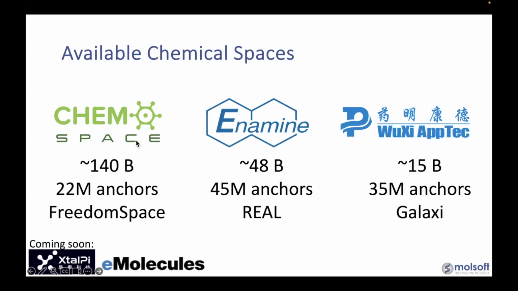So you dock the anchors and then you use Ginger to generate the rest of the space. Enamine's is 48 billion and Wuxi's is 15 billion with 35 million anchors, the Wuxi Galaxy database. We're also working with Crystal Pi, a very innovative company. We hopefully will have that database available soon. And we've been working for a while with eMolecules, and they have a particularly larger space of around 7 trillion, I think. But we're hoping to have these coming on board soon. But these databases are available for you to download.